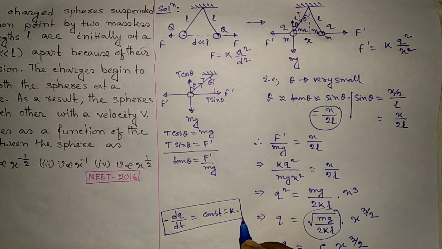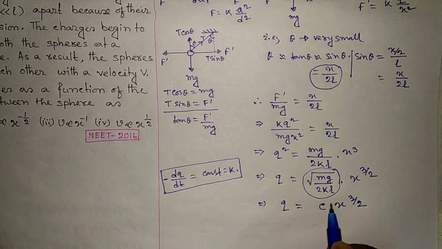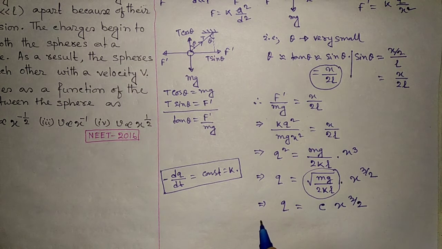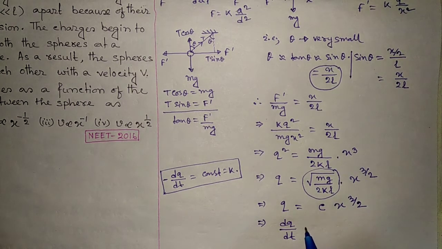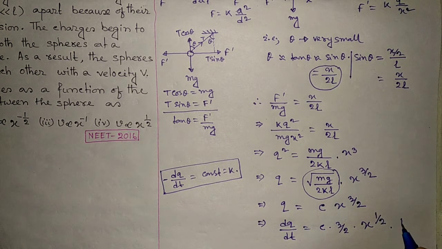Now we have to find dq by dt, so it is equal to c into 3 by 2 into x to the power half into dx by dt.